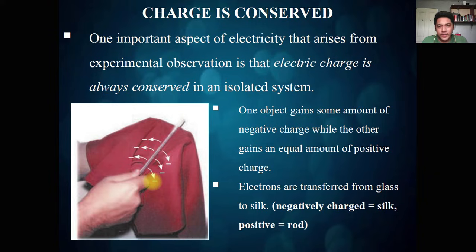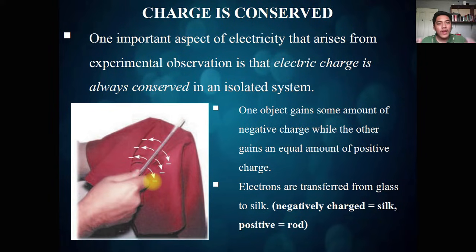When we rub things together, we are creating heat, and heat is an energy. So you are giving the electrons in that glass rod the opportunity to come out of their orbit and be transferred to the silk.